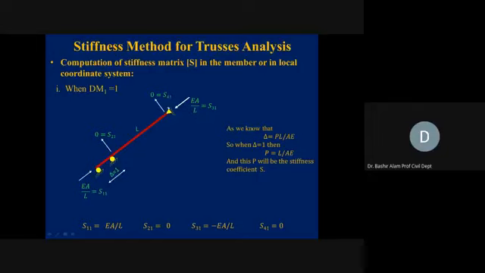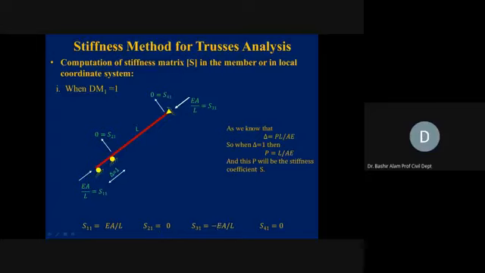And now S41, in the direction of DM4, we don't have any action produced in this case, so that is equal to 0. So now we record its values. S11 will become positive. Why? Because it is in the assumed positive direction. S21 is equal to 0, so that value is recorded here.